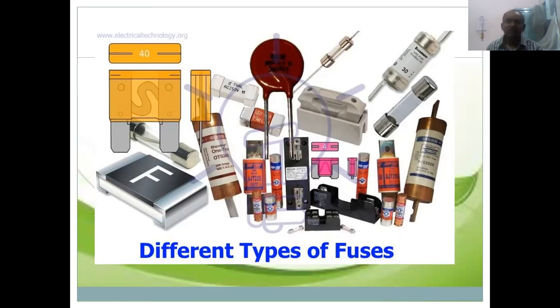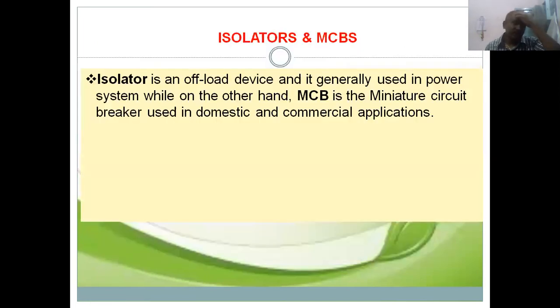So this is the basic idea of switches. Now coming to another family, the isolators and MCBs. The MCBs and isolators are also switching operators. MCB means miniature circuit breakers. Isolators are generally used in our power system.